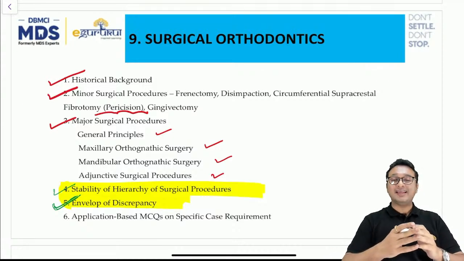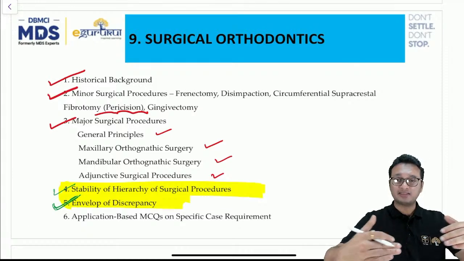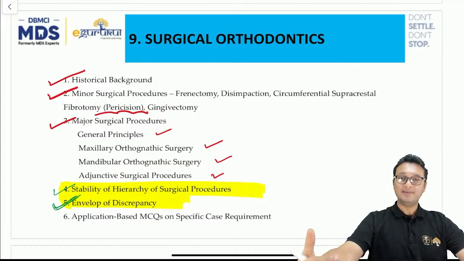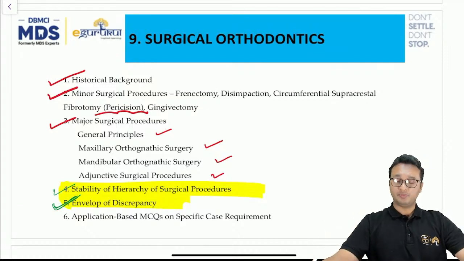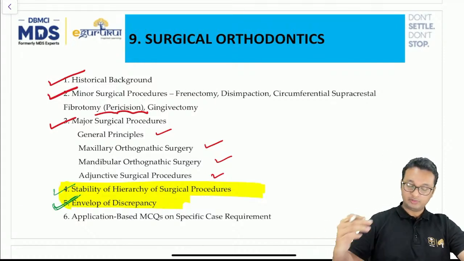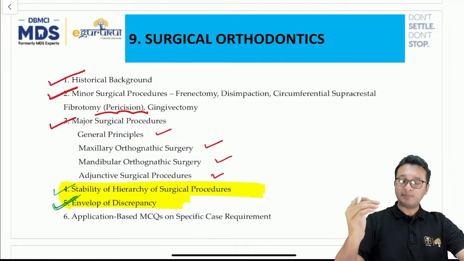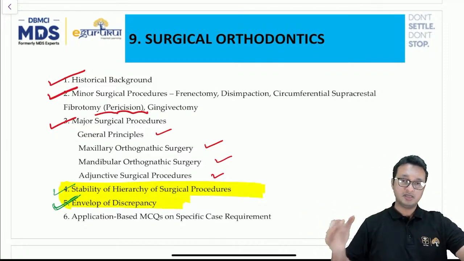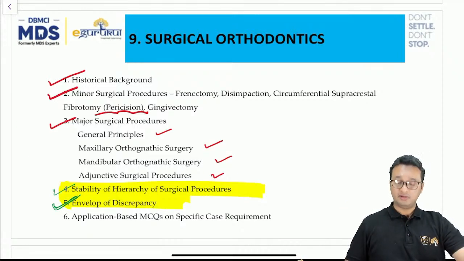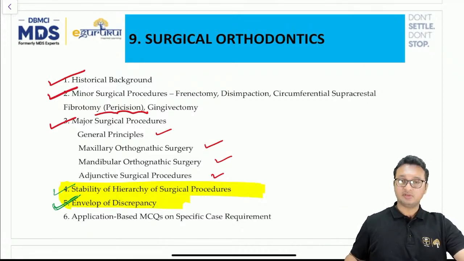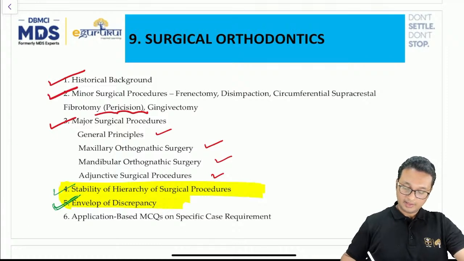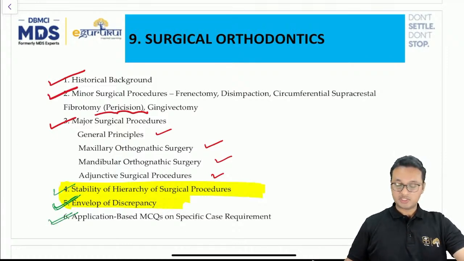It shows the maximum extent of tooth movement possible by undertaking these different procedures. So you have to remember how much the tooth can be retracted, how much it can be protracted, vertical movement, transverse movement. All these numerical values you have to remember, and then you will be asked certain application-based MCQs on specific case requirements.